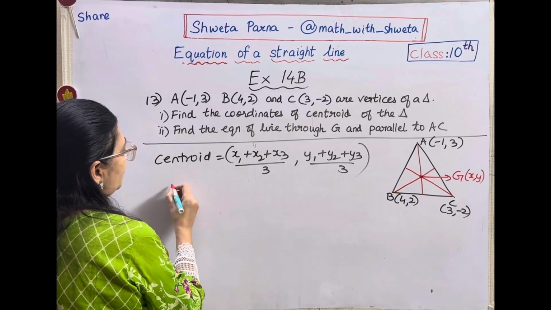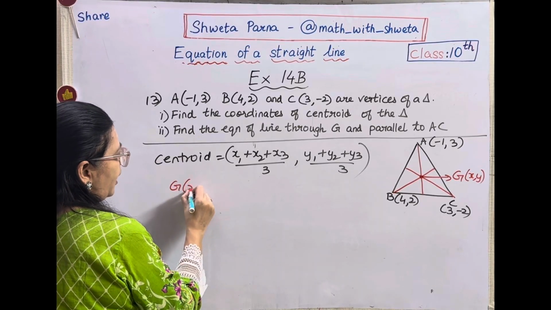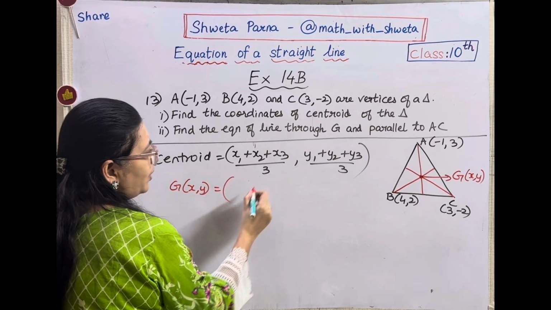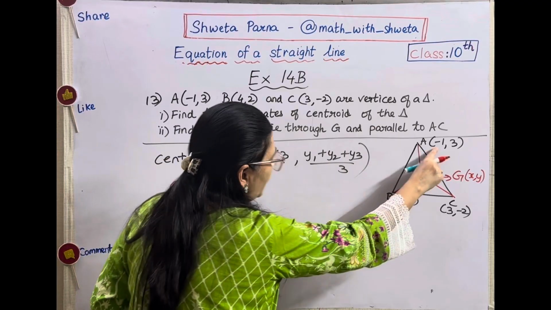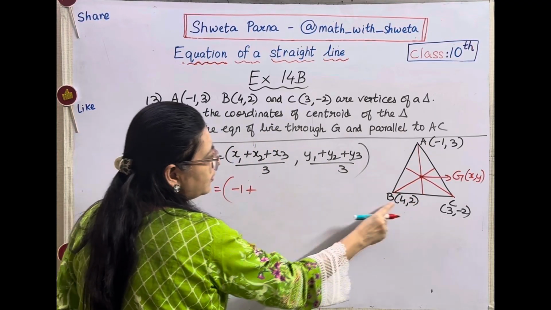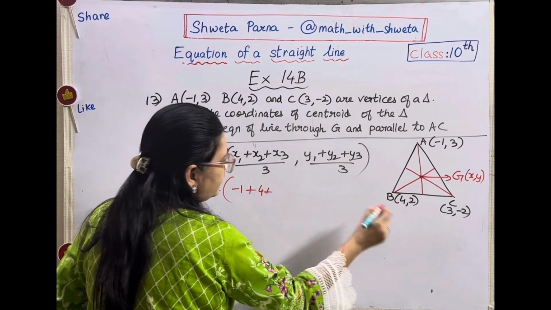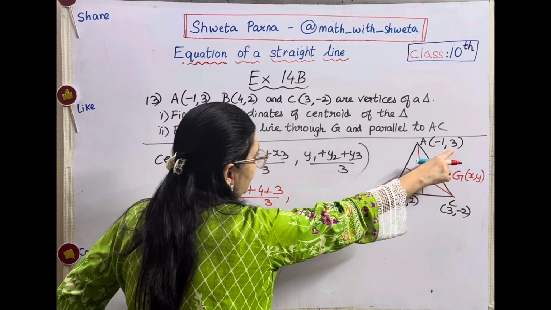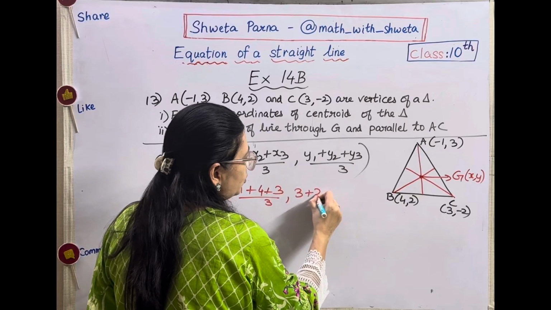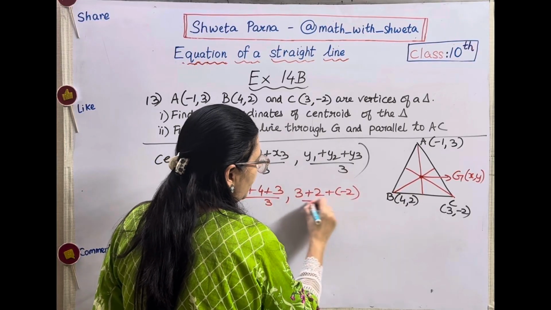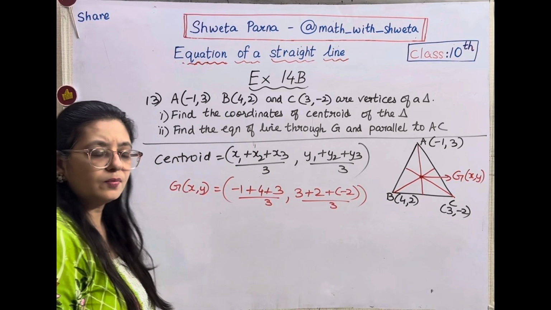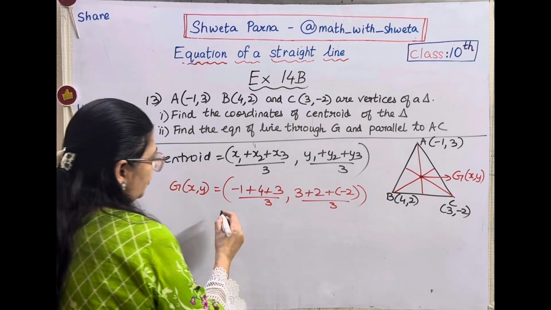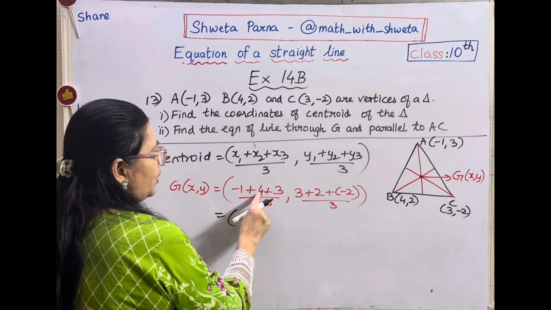So here the centroid G, xy, would be, what is x1? It is minus 1 plus 4 plus 3 upon 3, and y1 is 3 plus 2 plus minus 2 upon 3. Okay, so what is minus 1 plus 4?